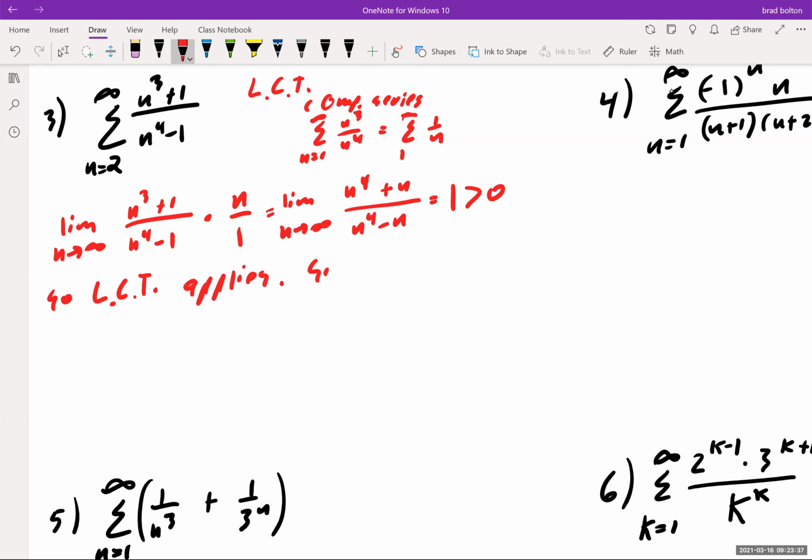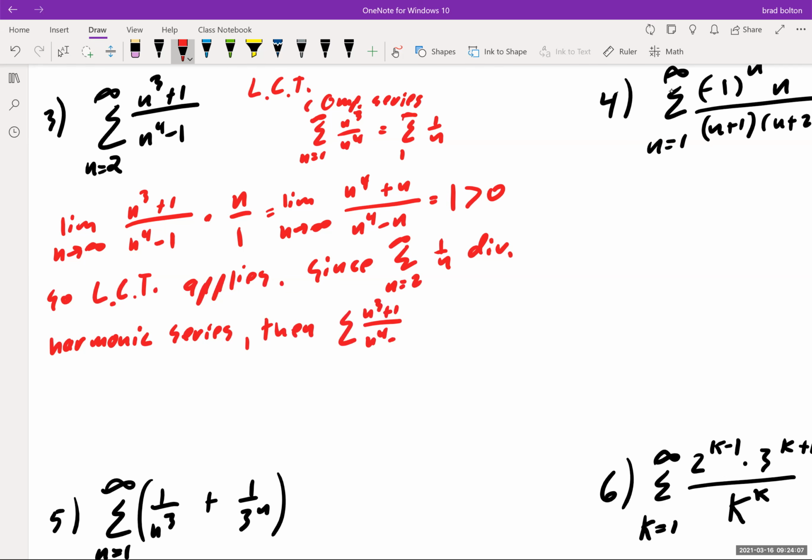So that means since the series 1 over n is a divergent harmonic series, or the p-series, you could also say divergent by p-test, then this series n cubed plus 1 over n to the fourth minus 1 must also diverge by LCT.